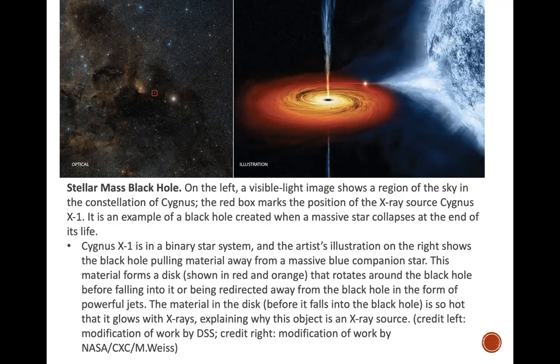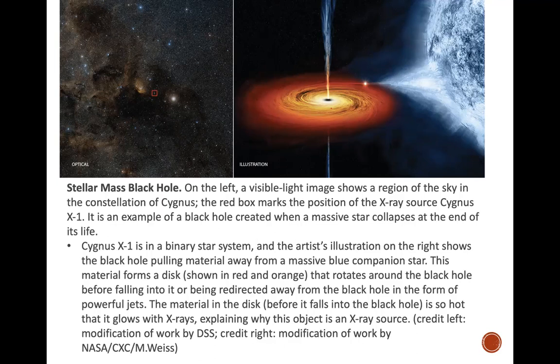Now, as you see here in the left hand image, you cannot tell from these optical images that there is a black hole, right? What we have is that at that particular location, in the red square, there is a bright X-ray source that you can detect with an X-ray telescope, so we know that there is a black hole at that position.